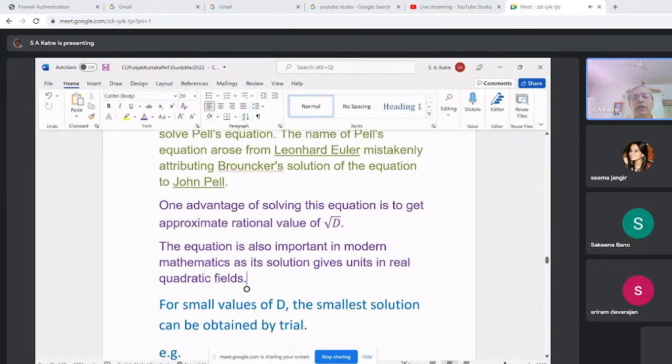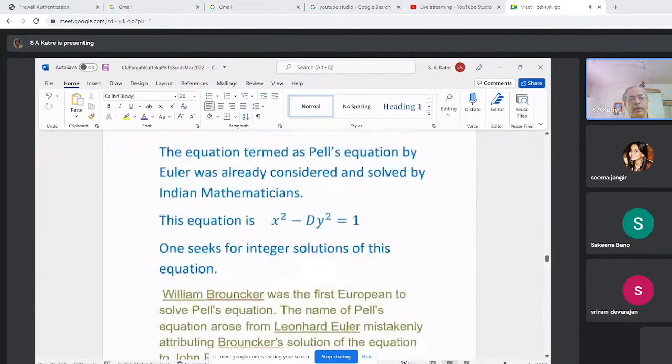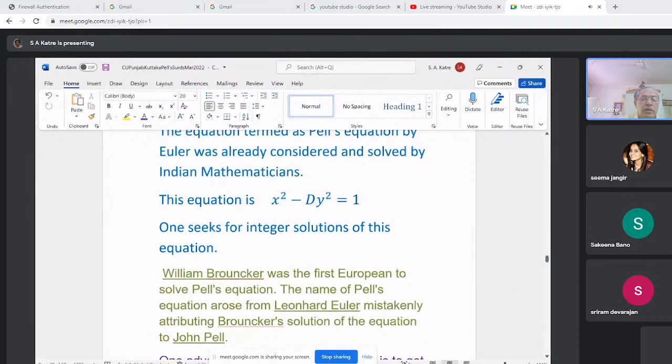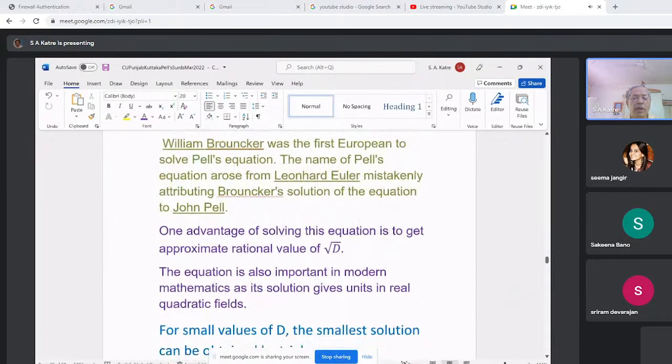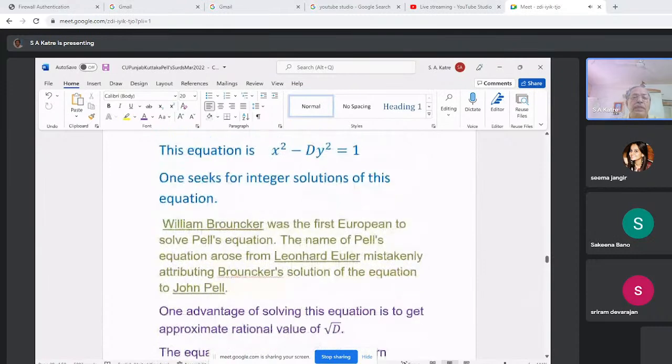The units of this ring, Q root d, are obtained by solutions of equations of this type: x square minus d y square equal to 1, or x square minus d y square equal to minus 1. The solutions of these equations give units of the quadratic ring. So that is one modern implication of the solutions of Pell's equation.